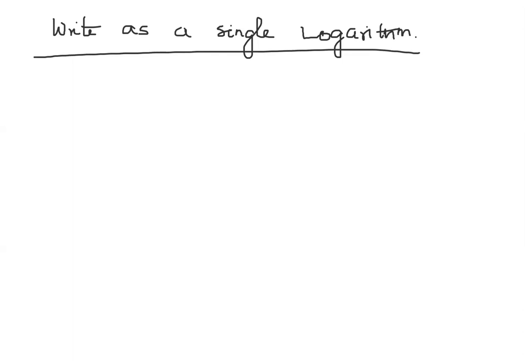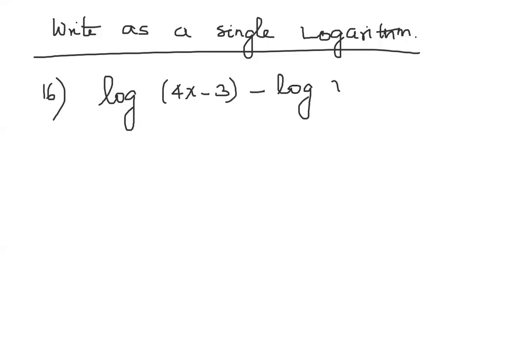Now we are going to put them into one single logarithm. So if you take number 16, we have minus log x. Since it's subtraction, it's going to be quotient. So we are going to write as one single logarithm. So it's going to be 4x minus 3 over x. We have applying the quotient property.